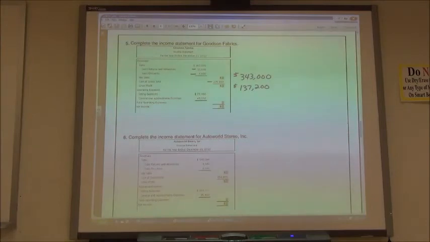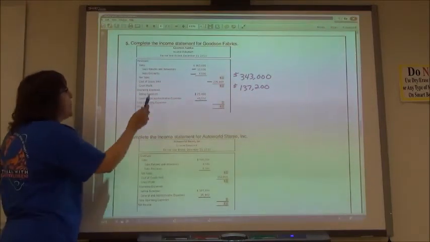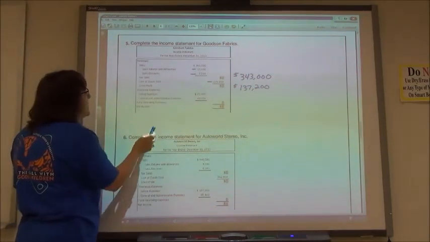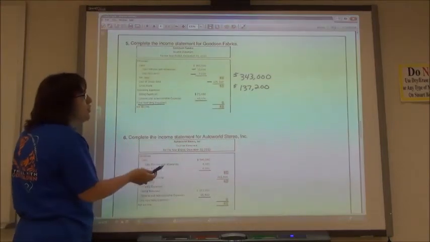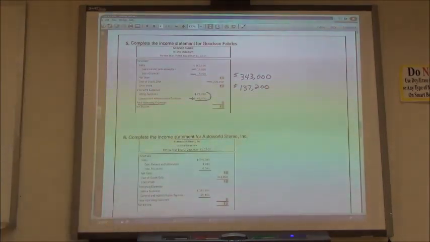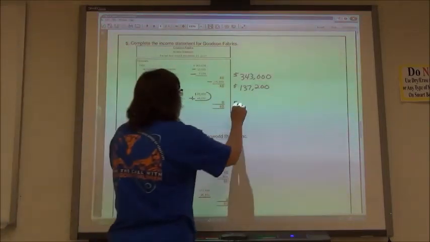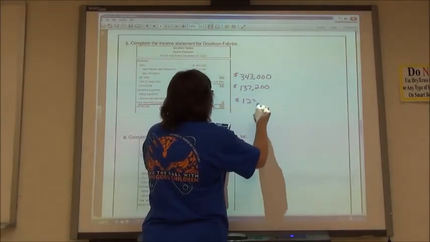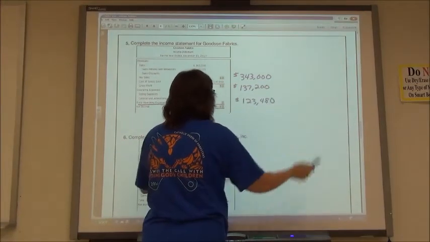Next it says we have operating expenses. We have selling expenses and general administrative expenses. We want to find the total of those expenses, so we're going to just add those two numbers together. 75,460 plus 48,020 gives me 123,480.